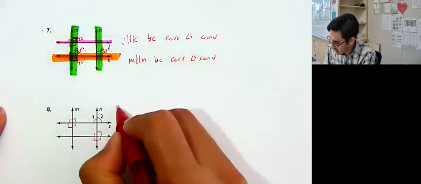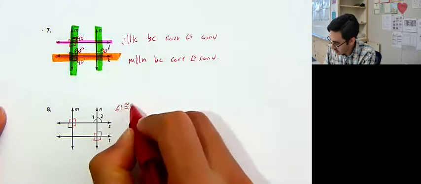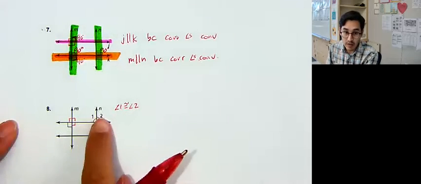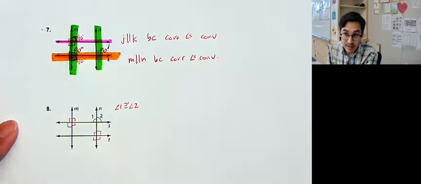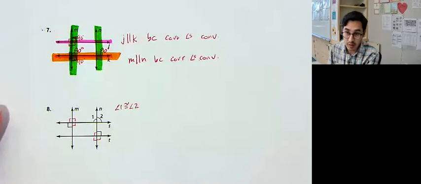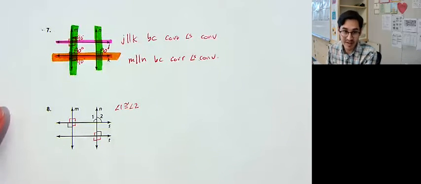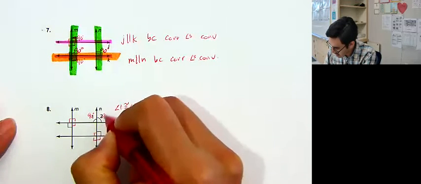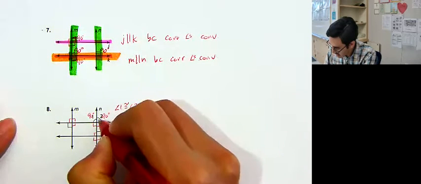So angle 1 is congruent to angle 2. Okay. Now, angles 1 and 2 also have to add up to 180, right, since they form a linear pair. So the only 2 angles that could be the same and still add up to 180 are 90 degrees and 90 degrees. Okay, so that's 90 degrees, that's 90 degrees.